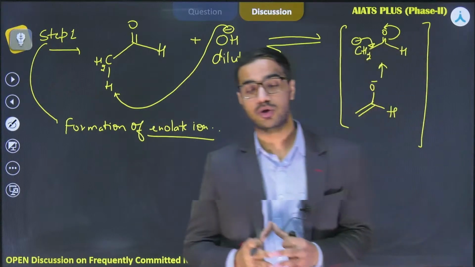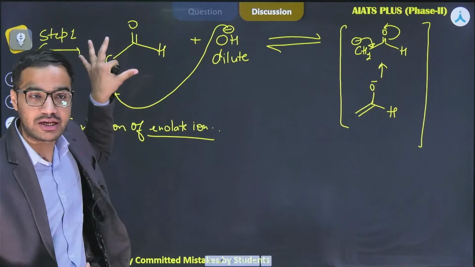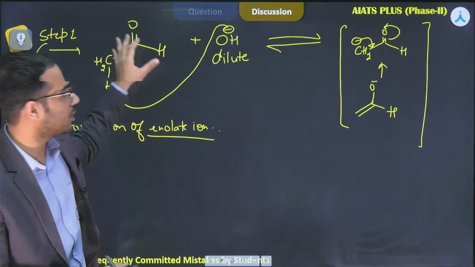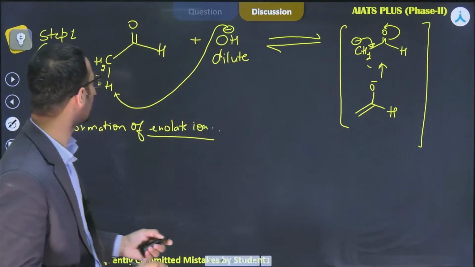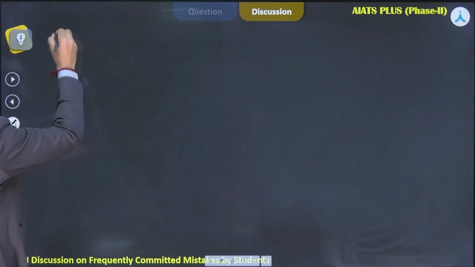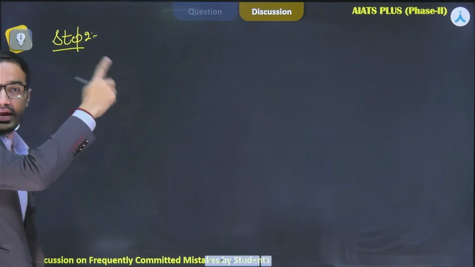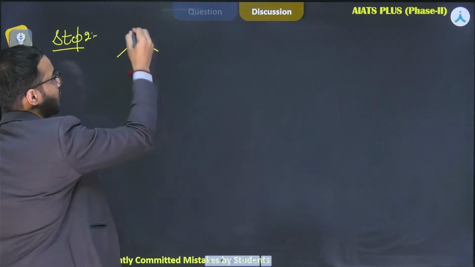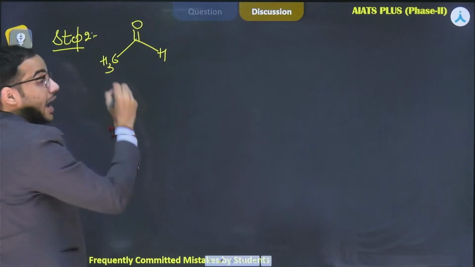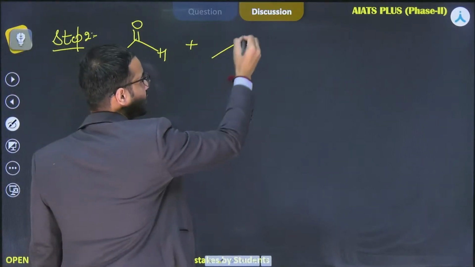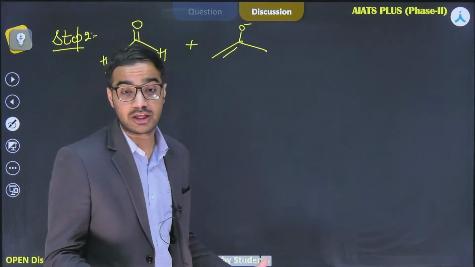Okay, and now you have to understand that in the solution you have an initial substrate, along with this anionic species. So let us consider both together, and you will get step 2. Initially you are having a substrate, and now you are having an anionic species, the enolate. What is the possibility over here?